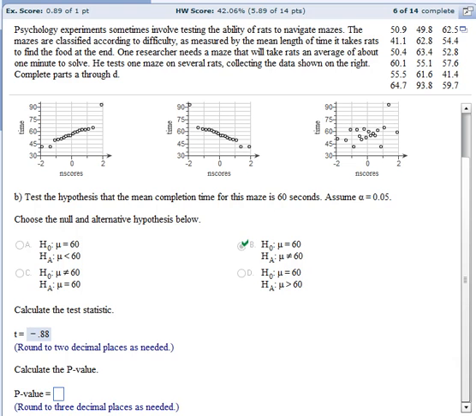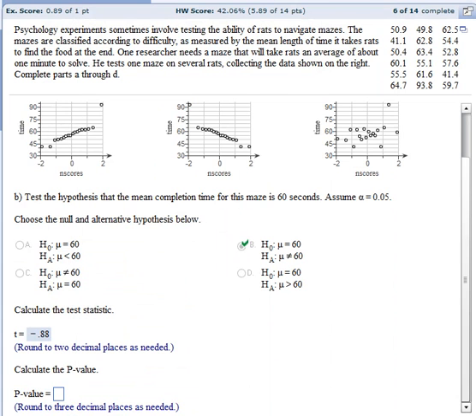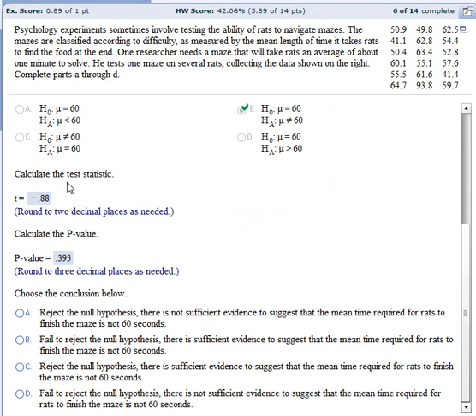Okay, and then the p-value for the not equal to, I'll see the p-value is this number right here, 0.3927, and they want it rounded to 3 decimal places, so 0.393. Okay, now that's a very large p-value.